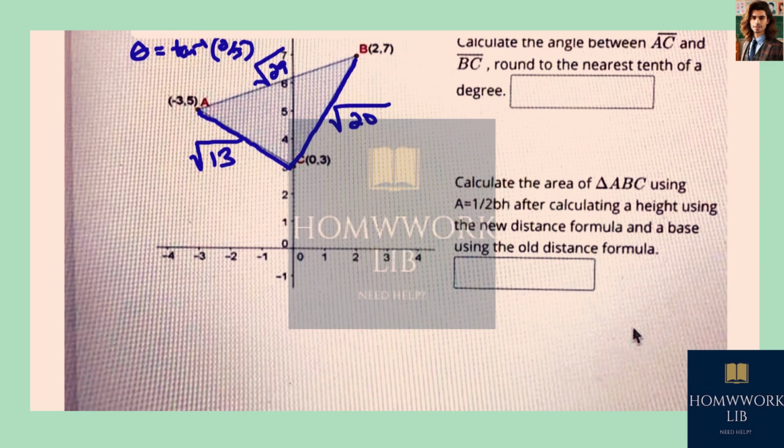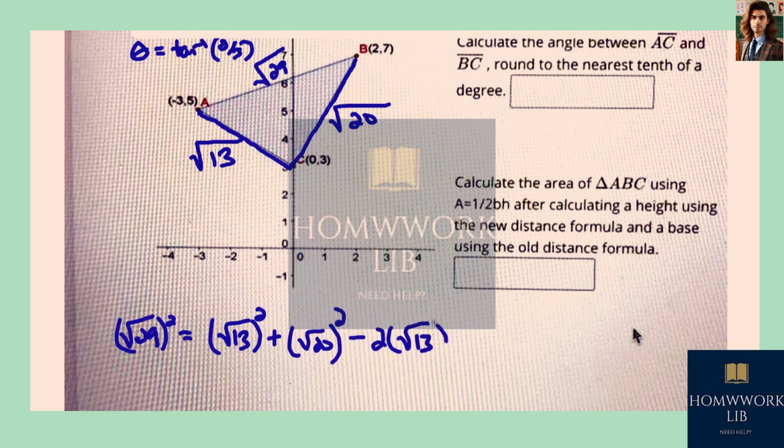I'm going to call it angle C, but opposite angle C is the square root of 29. So it's the square root of 29 squared, by the law of cosines, equal to the other two sides squared, their sum, minus 2 times their product, times the cosine of the included angle, which is what we want to find.